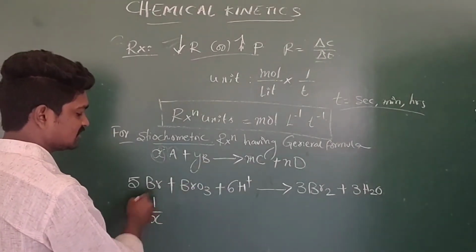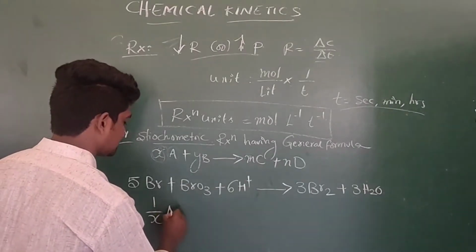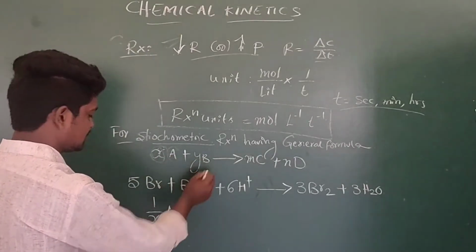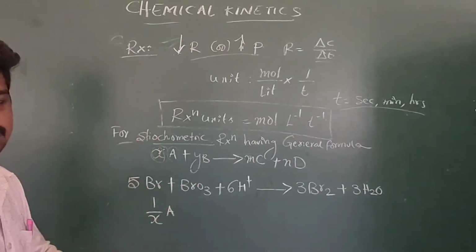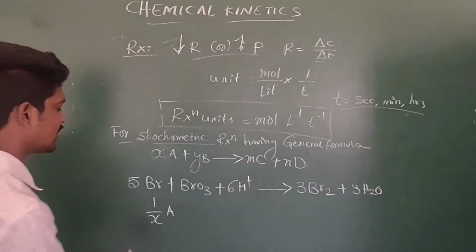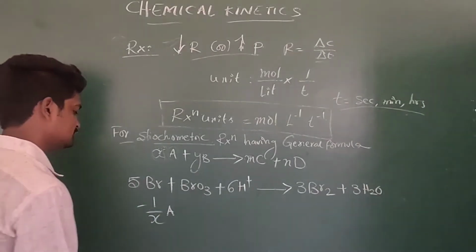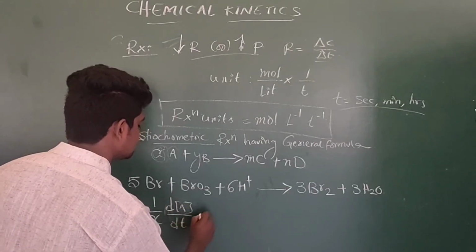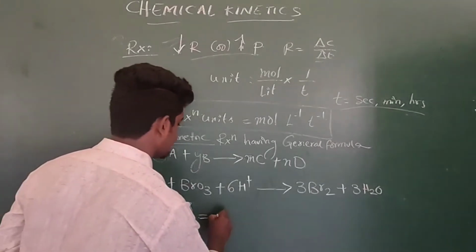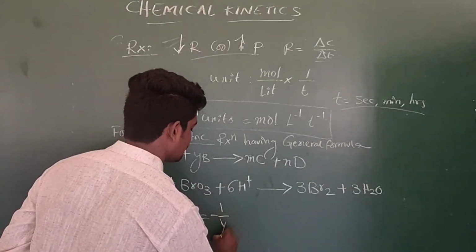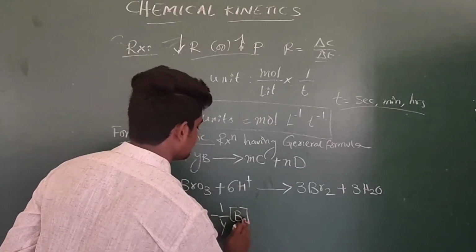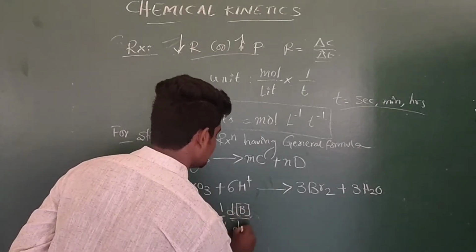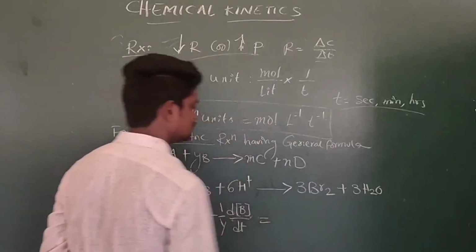So the rate of reaction expression is like this: minus 1 by x dA by dt is equal to minus 1 by y dB by dt. Reactants always decrease in molar concentration, so we have to put a negative value.